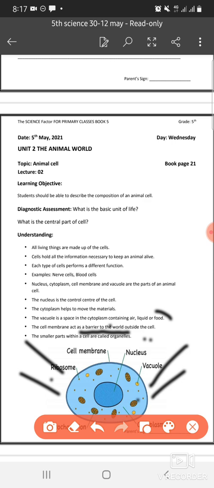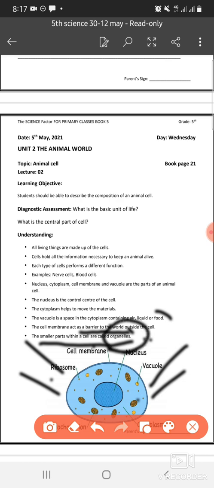Okay, next one, the smaller parts within a cell are called organelles. These were the four main parts: cell membrane, nucleus, vacuole, and cytoplasm, and the other smaller parts are called organelles. What is this called? Organelles.